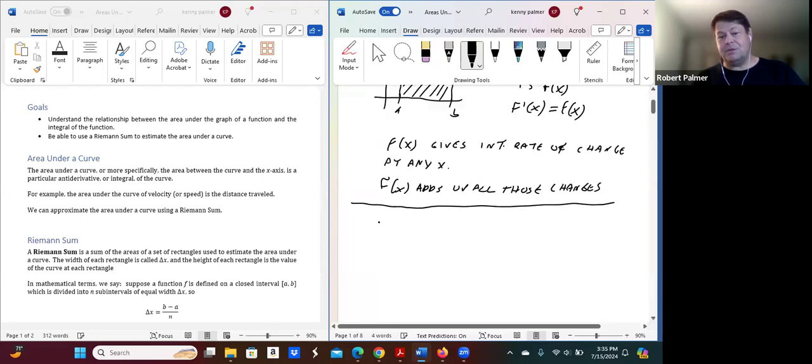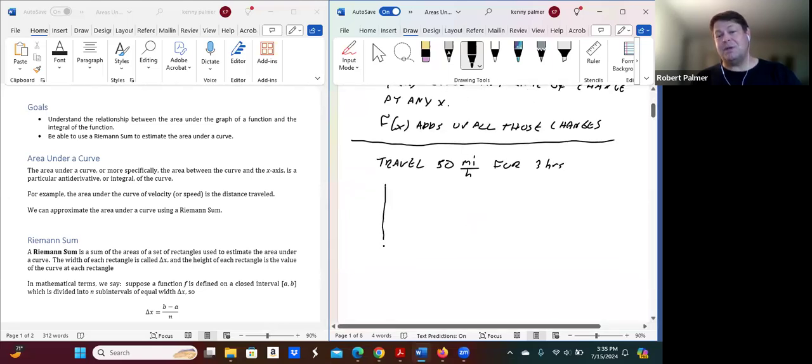Let's just do a basic one. Say you travel 50 miles per hour for 3 hours. If we graph that, the graph is simple because we're traveling at a constant speed.